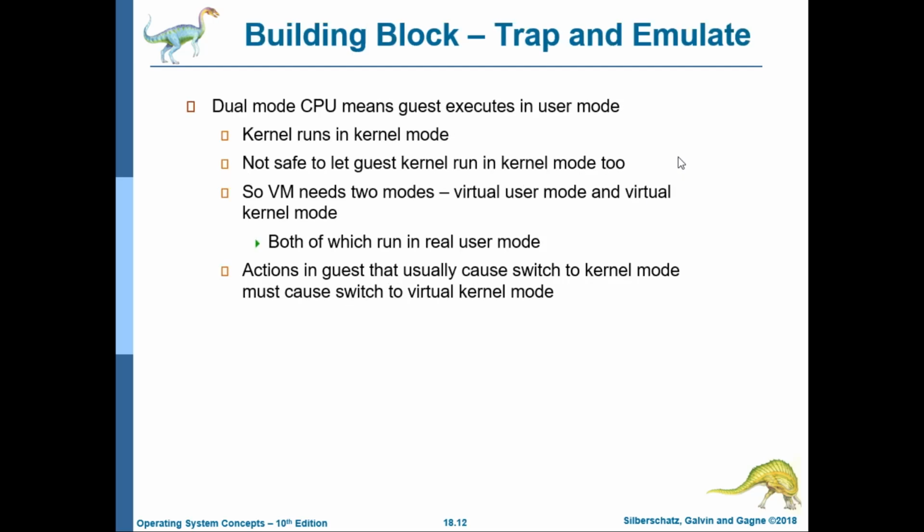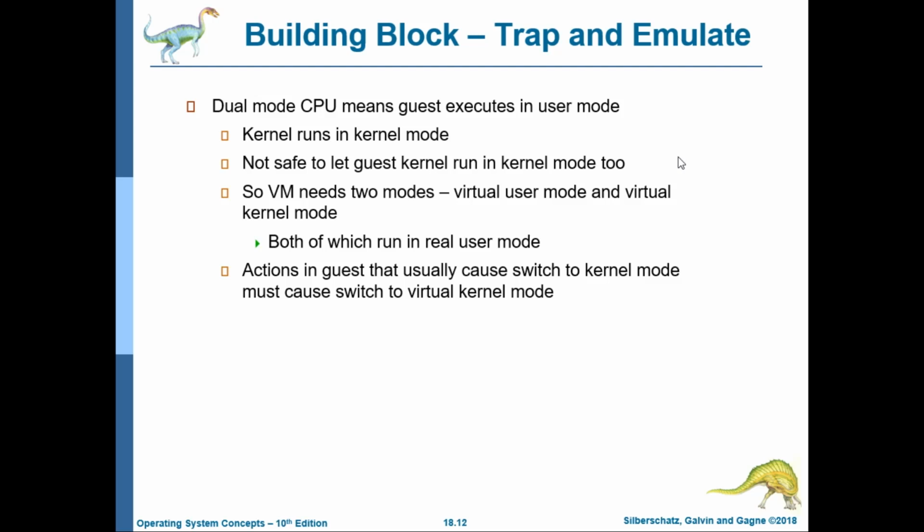For the first building block of virtual machines, we have trap and emulate. Dual mode CPU means the guest executes in user mode. Actually, the guest operating system executes in user mode because the guest OS is considered just like a normal application program. So the kernel runs in kernel mode. It is not safe to let the guest kernel run in kernel mode too.